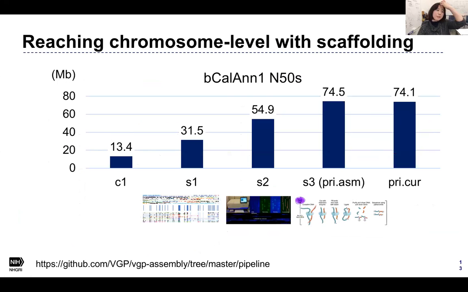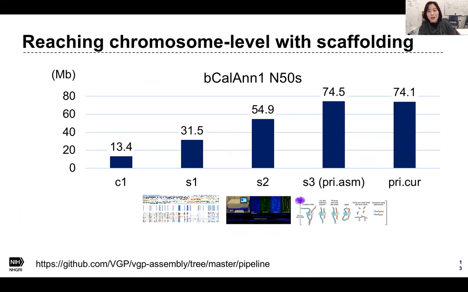And I just added this slide to give you an idea of what to expect by running each scaffolding step. So here, C1 is the Falcon Unzip contigs, one round Arrow polished. S1 is the one with scaff10x. So here you can see the contig N50s, which is a normalized average, similar to the average, goes higher and higher as you go through rounds of scaffolding.